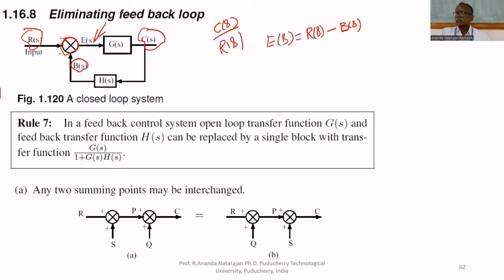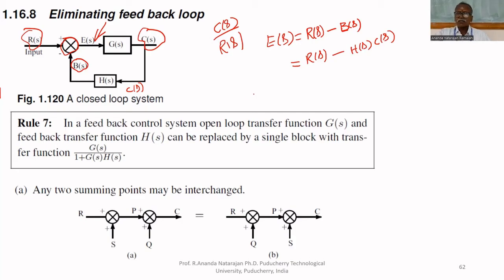Here, the input to this block is C of S, and the output is B of S. That's why we can write B of S as H of S times C of S. Can I write like that?